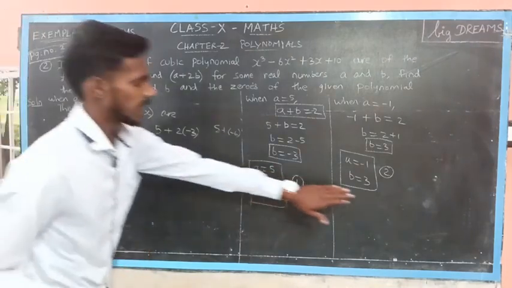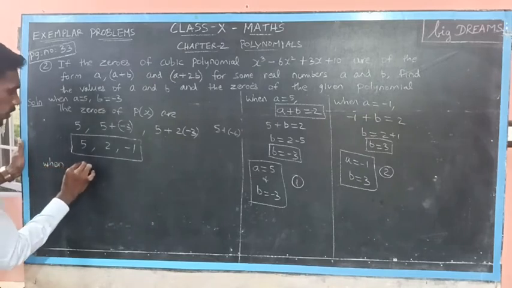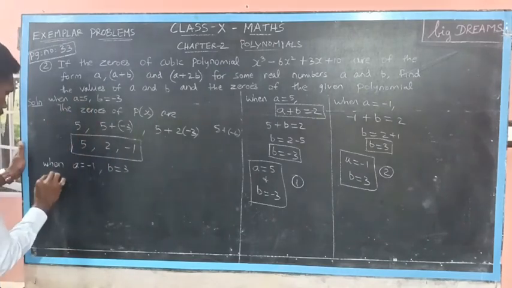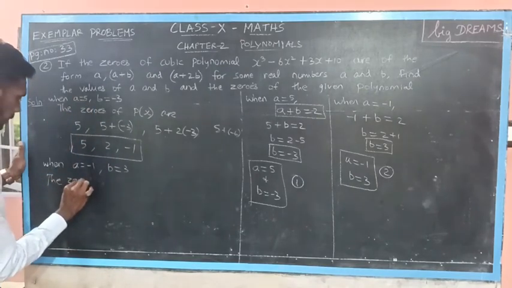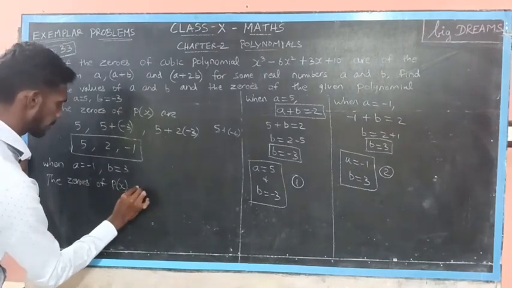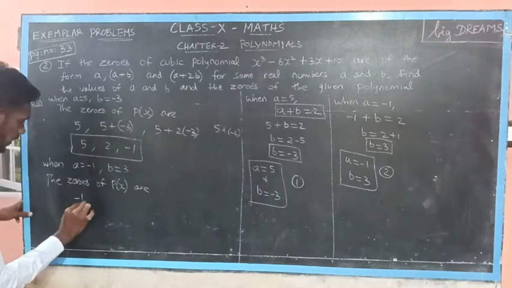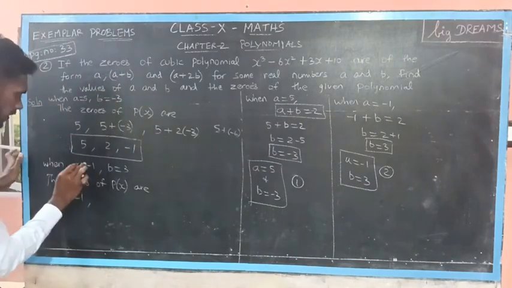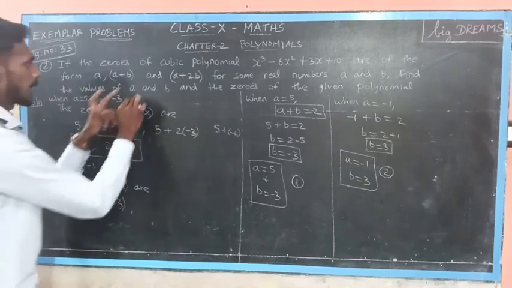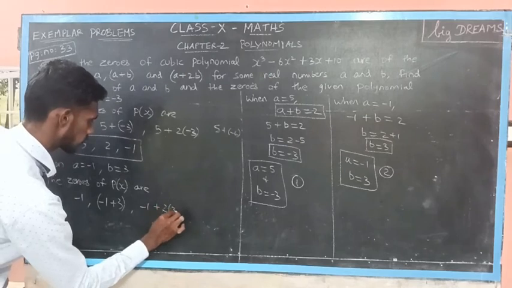Let us substitute the second solution set. When a is equal to minus 1, b is equal to plus 3. So, the zeros of the polynomial p of x will be a value is minus 1, a plus b, that is minus 1 plus 3, then a plus 2b, here minus 1 plus 2 into 3.